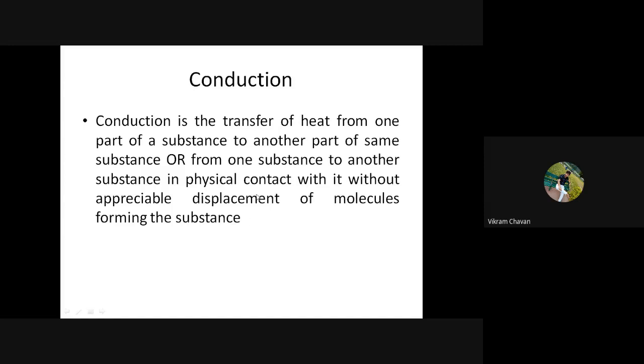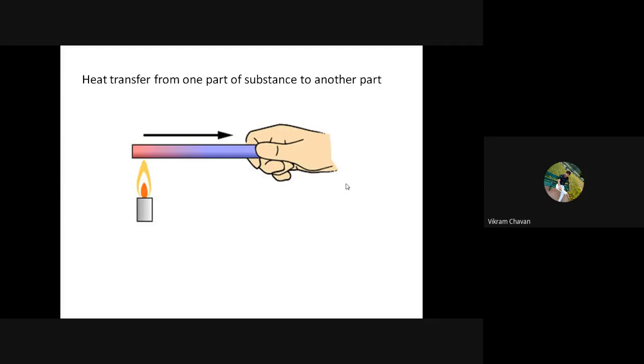Now the meaning of the last sentence: without appreciable displacement of molecules forming the substance. Here, to transfer the heat from this region to this region, are the molecules transferred? No, the molecules are stationary, we can't see the displacement of molecules to transfer the heat.